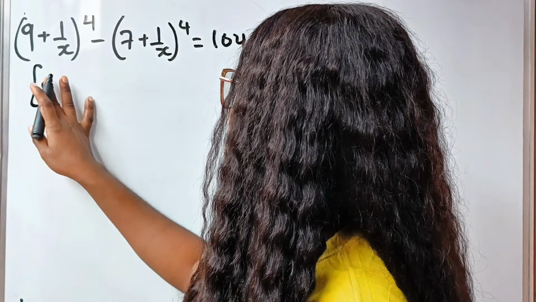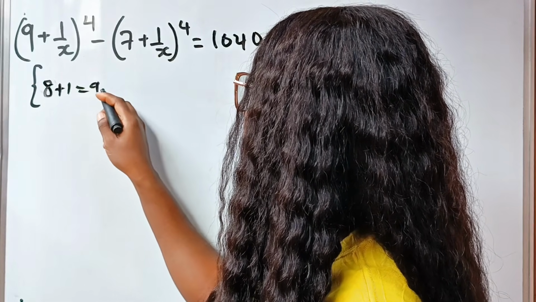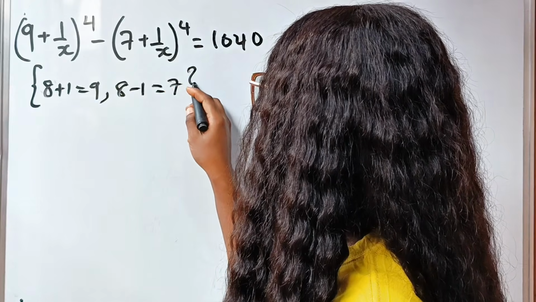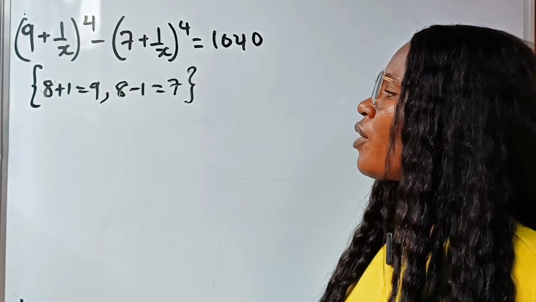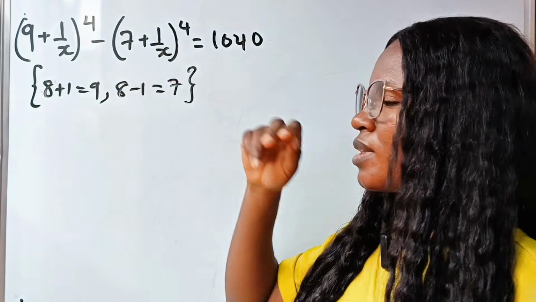You can say that 8 plus 1 will give us 9, and 8 minus 1 will give us 7. So we are going to substitute this into this place and this into that place.